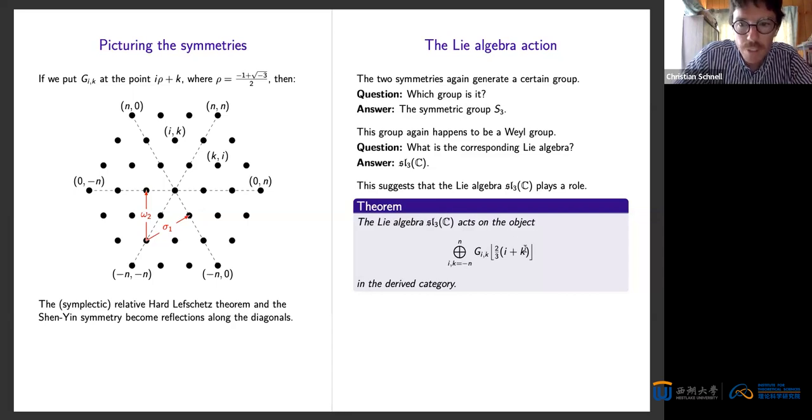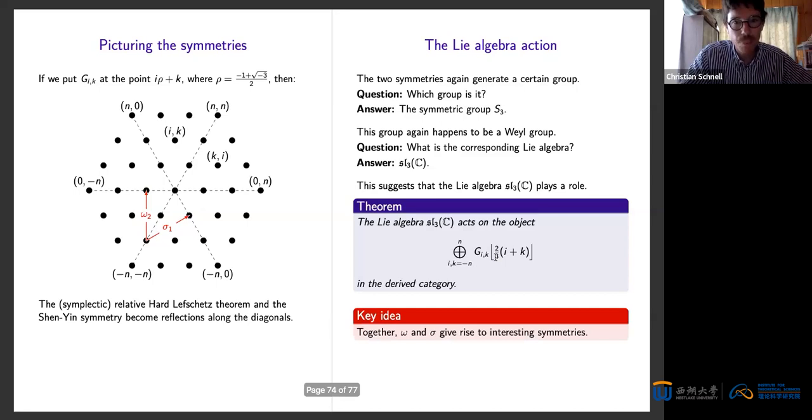I need to put this shift because both omega 2 and sigma 1 change the cohomological degree by 2, so the shifts make it work out correctly. This whole picture and the reflections are a shadow of a representation of SL3, but not on a vector space, rather on an object in the derived category.